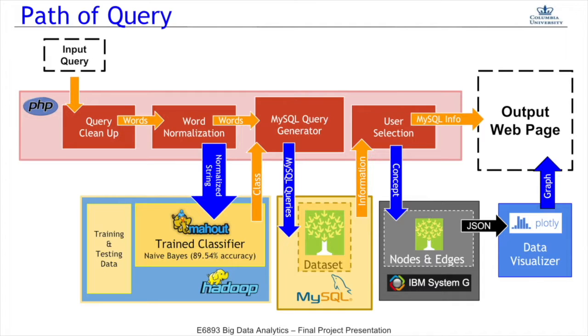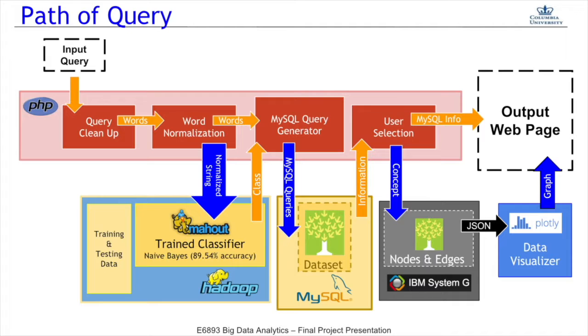This classifier is based on naive Bayes. This sends back a class to the MySQL query generator, and the separate words also head there. The query generator creates a bunch of MySQL commands, which are sent to MySQL containing the dataset. This outputs information that the user can select from in a drop-down menu, specifically the concept that they want.